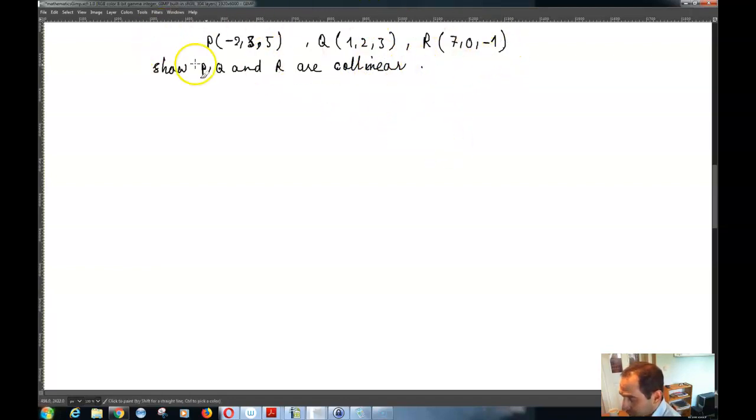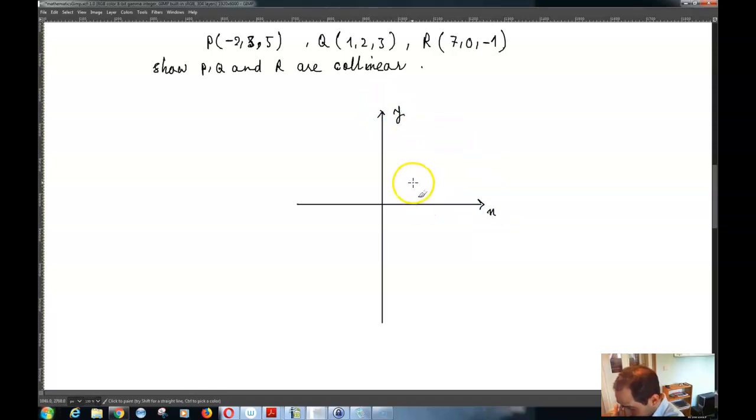Now, first about the collinearity of two or more points. Suppose we are working in the 2D plane, with the x-axis over here and the y-axis over here, and things are pretty simple.